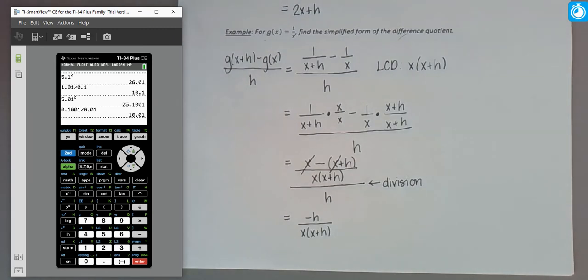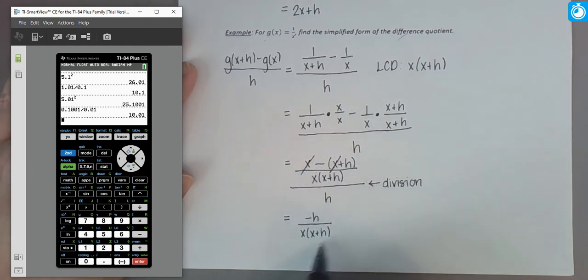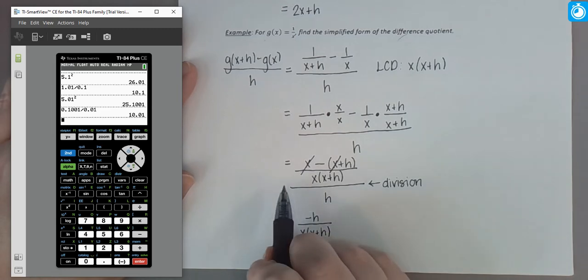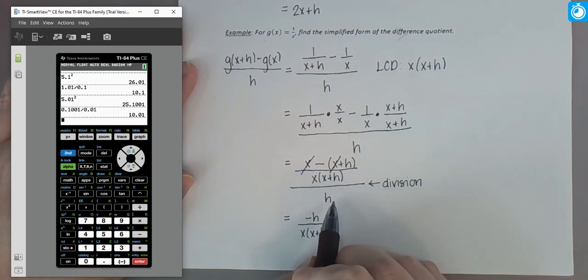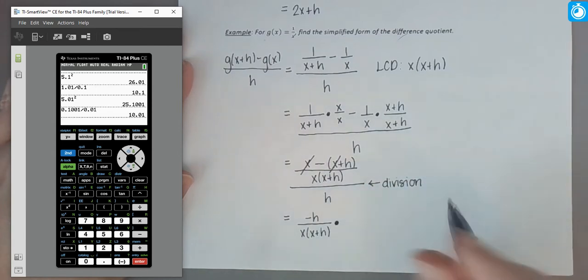We have a way of converting division to multiplication in order to do fractional division. So dividing in terms of fractions is defined as the same thing as multiplication by the reciprocal of whatever it is we were dividing by. So if we're taking our simplified fraction, dividing by the quantity h, that's also the same thing as multiplying by the reciprocal of h.